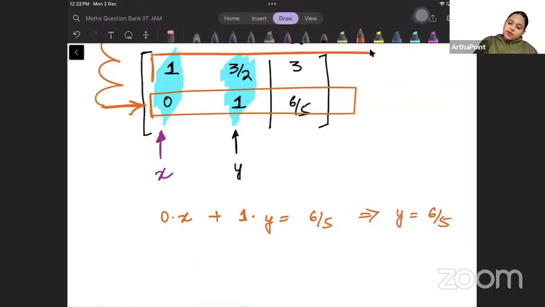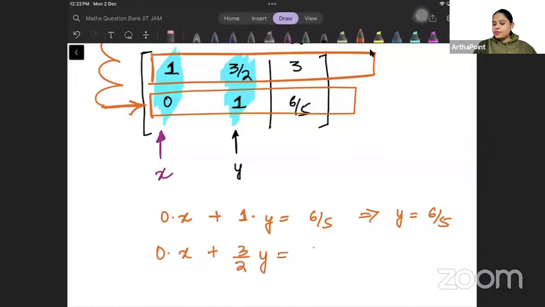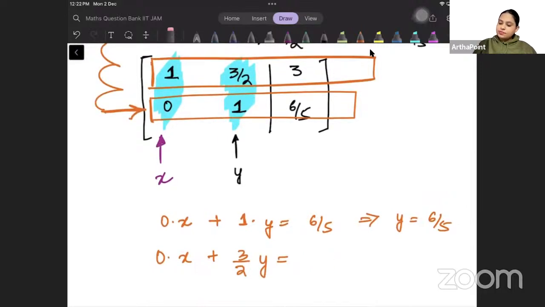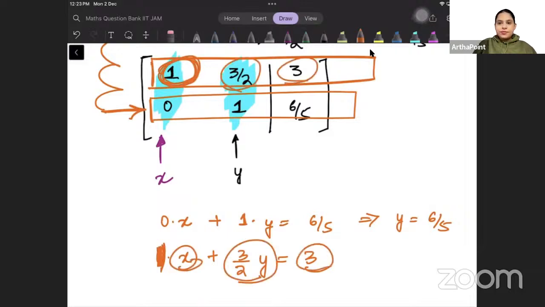Now you solve one row up. Sorry, going to the next row: 1 into X plus 3 by 2 into Y is equal to 3.